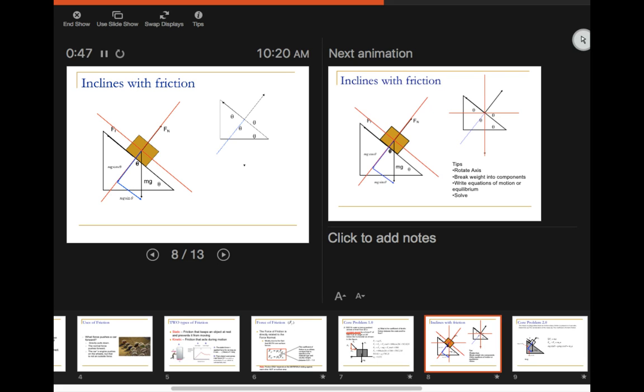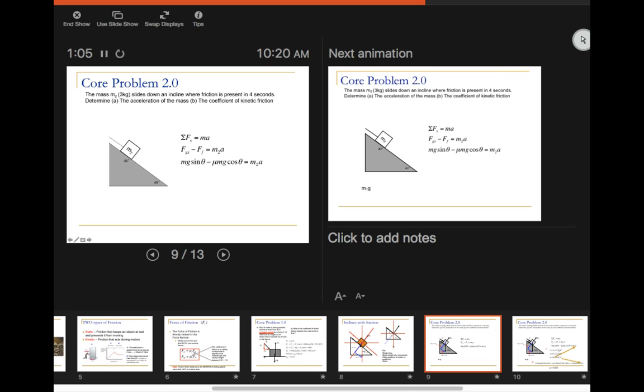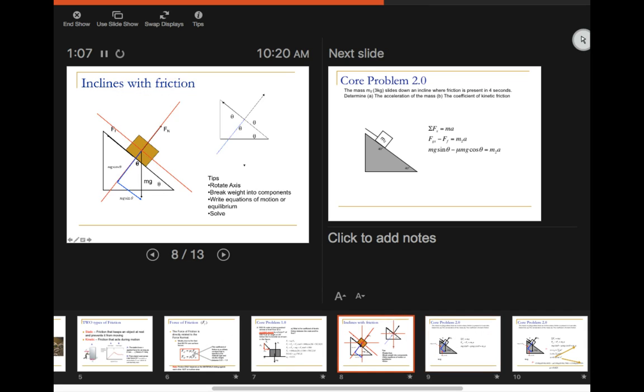Those are components of weight, and this angle equals our apex angle. Okay? So what are my tips for solving this? Let's call this the x-axis, and let's call this the y-axis when we're solving problems, and let's write equations that would solve them that way.